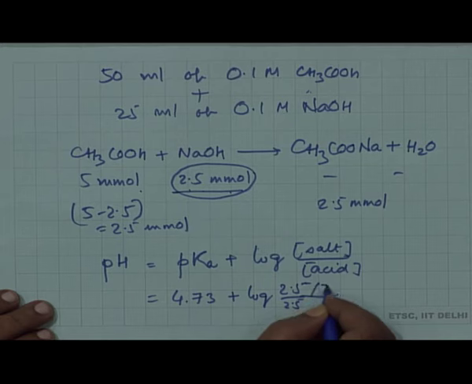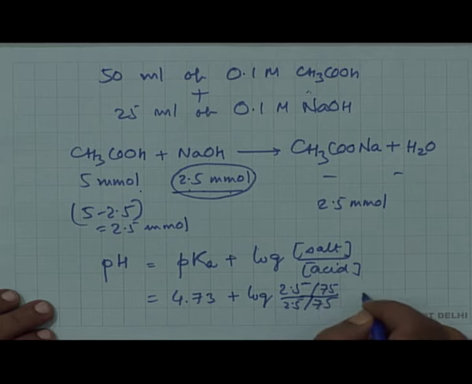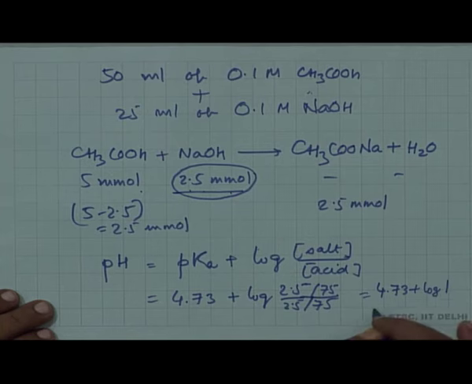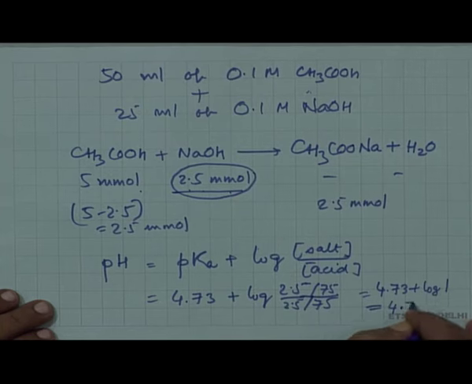Yeah, you can divide by the volume to get concentration, but as I told you, volume does not matter here, because in numerator and denominator both will be divided by volume and they cancel out. Okay. So, what we get is 4.73 plus log 1, and log 1 is nothing but 0. So, 4.73.